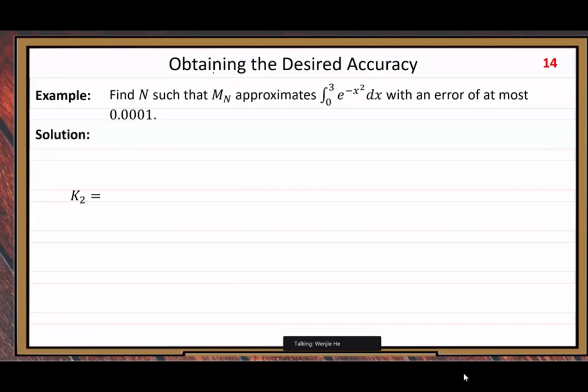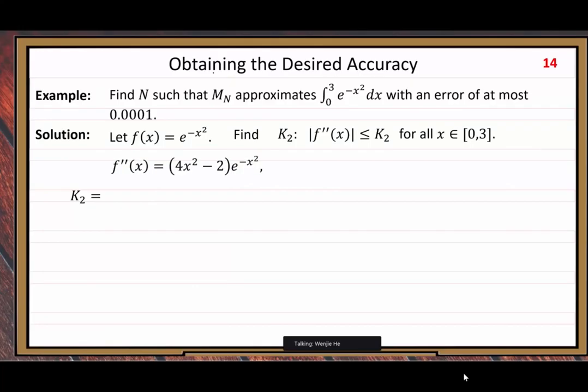So let's calculate based on our error bound. We need to calculate K2, the second derivative. We can find the function of the second derivative. What is the maximum of this function on the interval from 0 to 3?